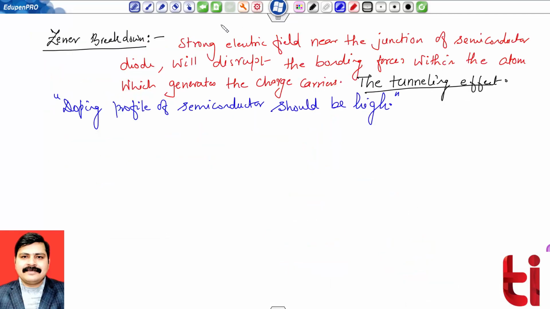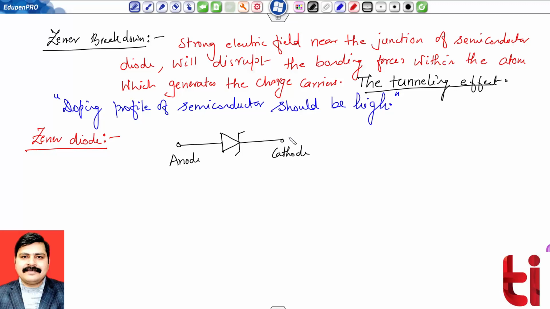Now let us discuss the Zener diode. So let's start with the symbolic representation. Anode, cathode.